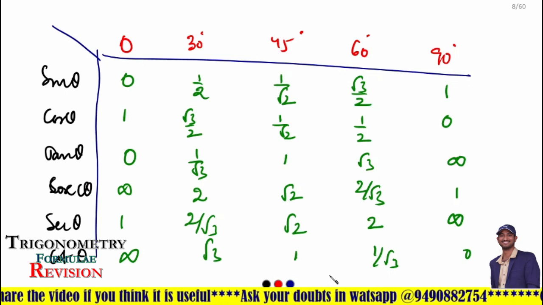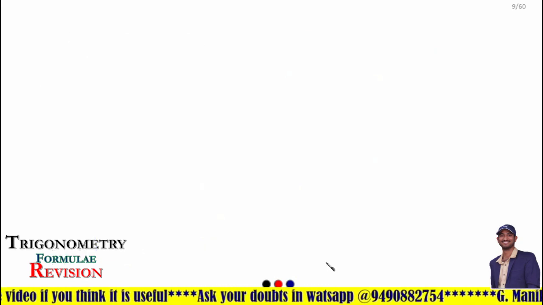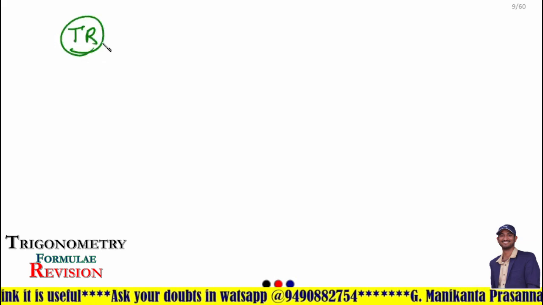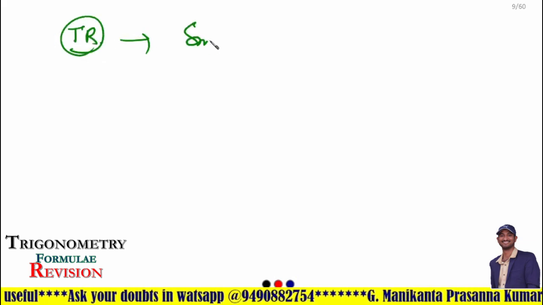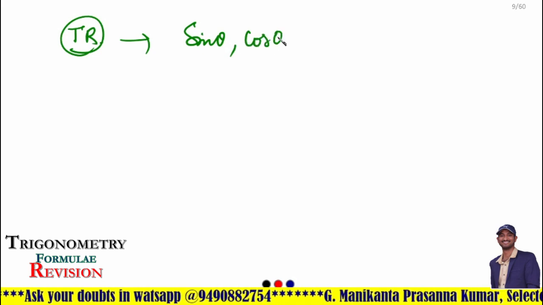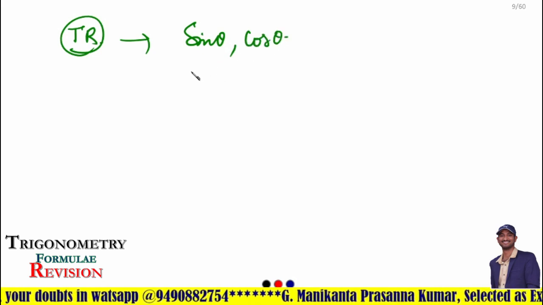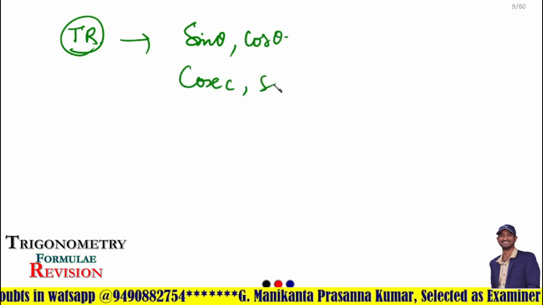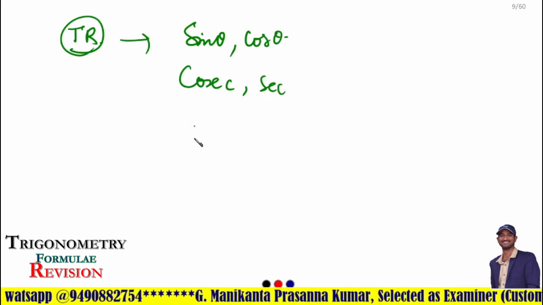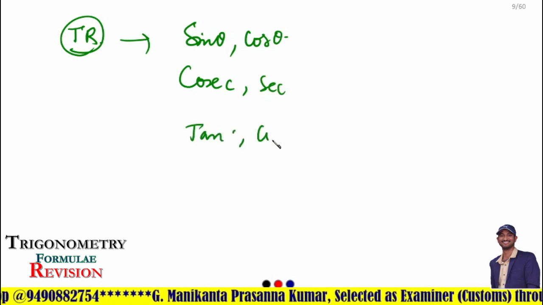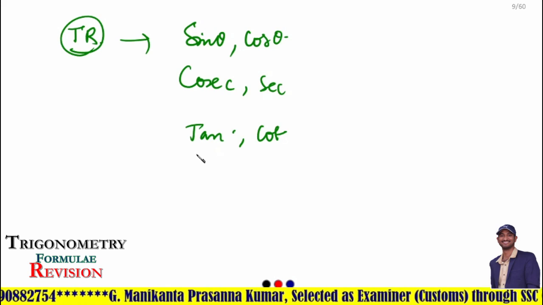Okay, and next, complementary trigonometric ratios. Sine and cos are complementary trigonometric ratios, cosecant and secant are complementary, and tan and cot are also complementary.